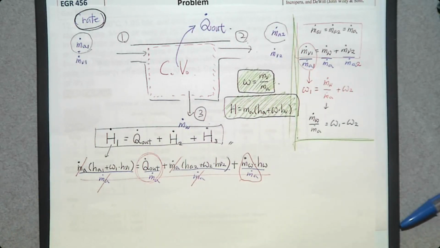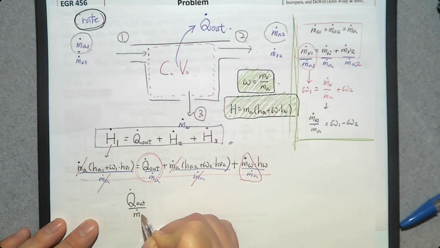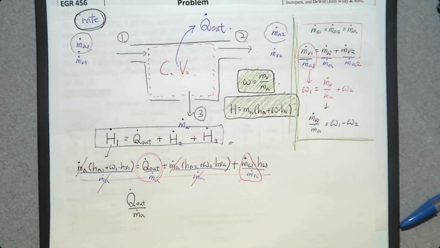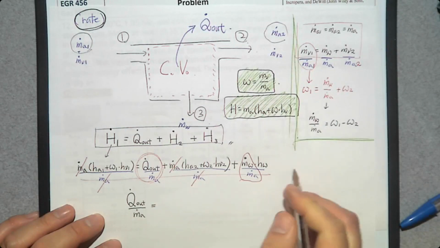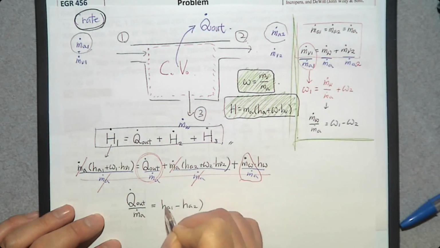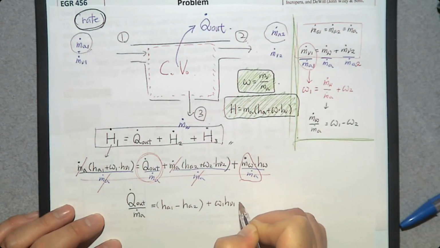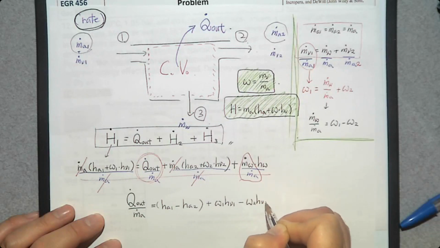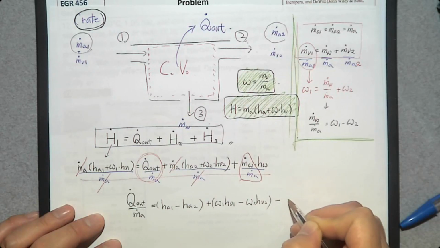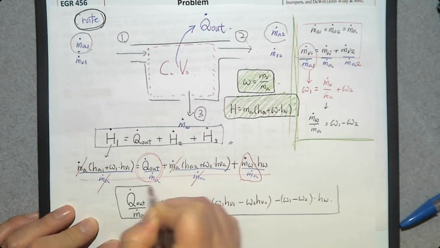Then we have Q dot out divided by m dot A. So the rate of heat transfer per mass flow rate of dry air can be determined by hA1 minus hA2 plus omega 1 hV1 minus omega 2 hV2 minus omega 1 minus omega 2 times hW. So this is the energy balance equation.